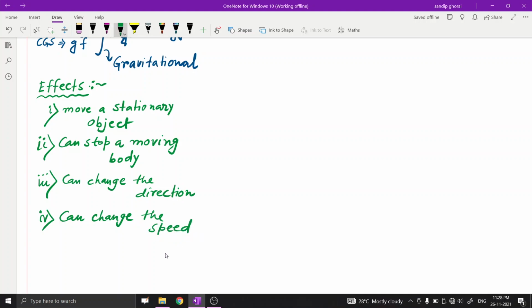And the fifth one is that a force can change the shape and size of an object. These are the effects of a force.